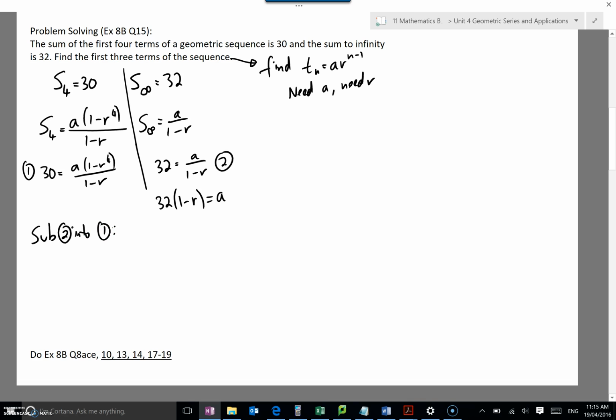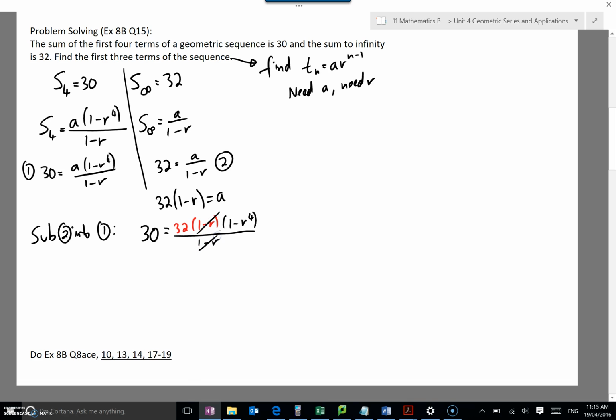Like I said, it's a pretty hard problem. So in equation 1, where this A is, I'm going to put this in there. I'll do it in a different color so that you can see it. So 30 equals 32 over 1 minus R, times 1 minus R to the power 4, divided by 1 minus R. See how that A is just being replaced by that red there.